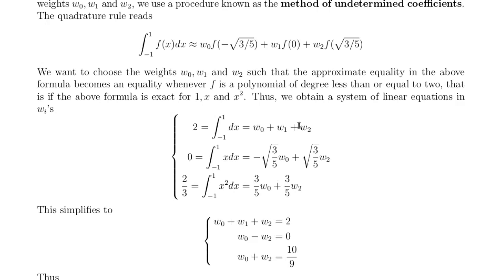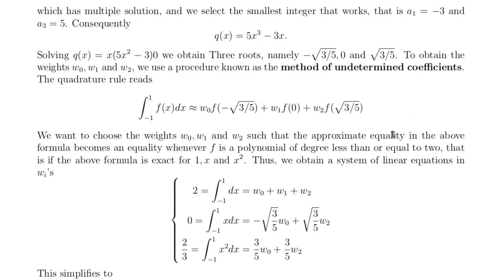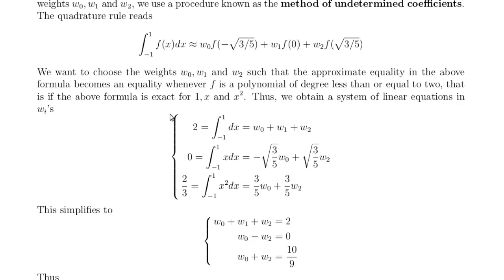We obtain a set of three equations with 3 unknowns, meaning that we get a unique value of W0, W1, and W2. So this is a system that we obtain by integrating f of x dx, right? Where f of x each time is 1 for this first case. The second time f of x is x.